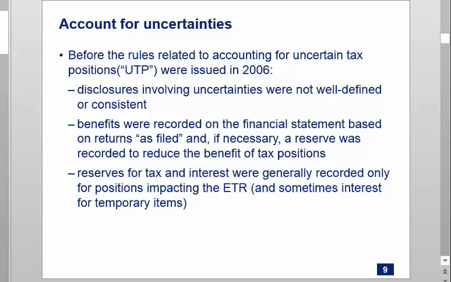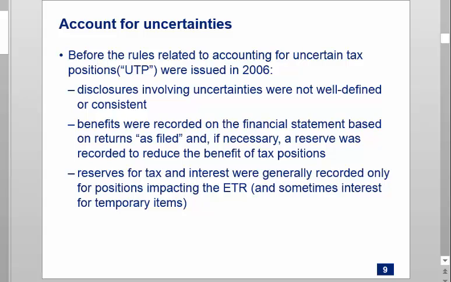So FASB decided that this was just bad, right? It was just bad accounting, that the rules were not well defined and that there wasn't enough disclosure, there wasn't transparency, right? If you bought stock in a company, you don't know if you're buying stock in a company where there's a huge tax risk because they haven't filed tax returns for the last 20 years or not, because companies just aren't disclosing these exposures.